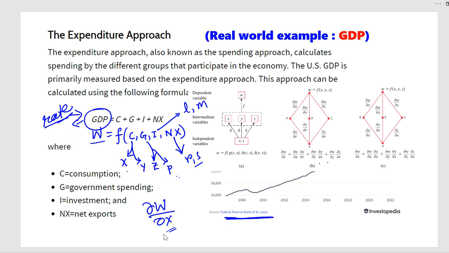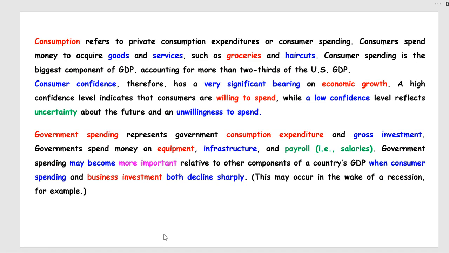Because consumption includes how much we purchase in goods and services. For example, groceries are goods, but if you go for a haircut, then this is a service. Now, consumption includes most of the GDP.